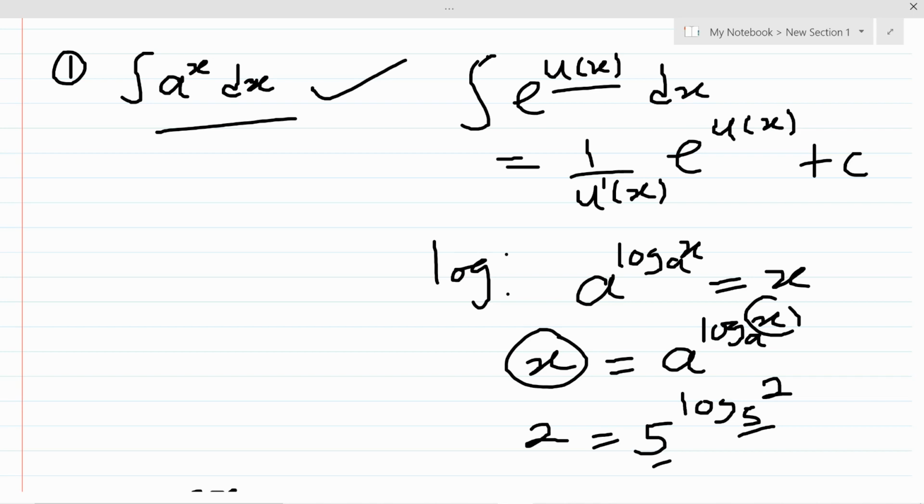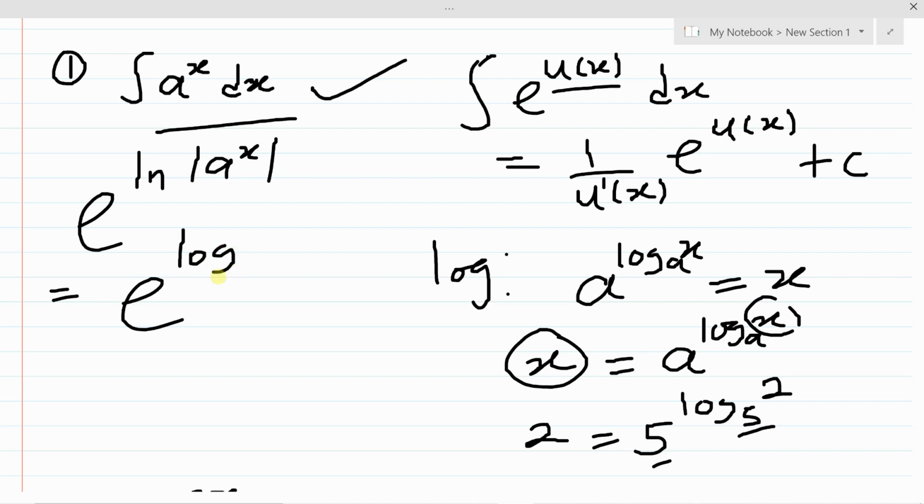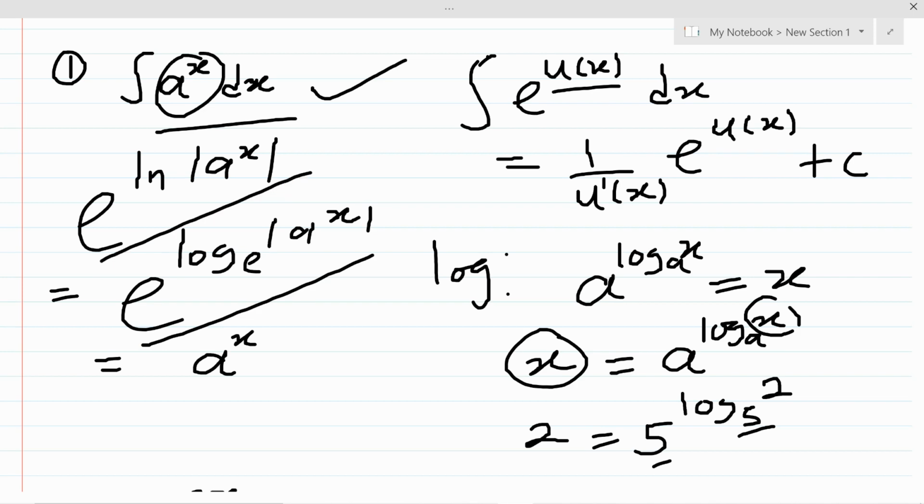So if I say e to the ln of e to the power x, what is this? It is the same as e to the logarithm of whatever you are talking about, base e. So this whole thing gives me e to the x. So the function that we are integrating is the same as e to the ln of it.